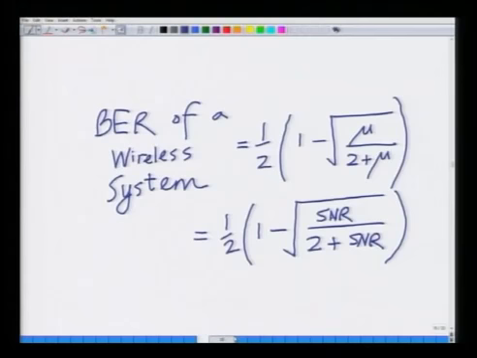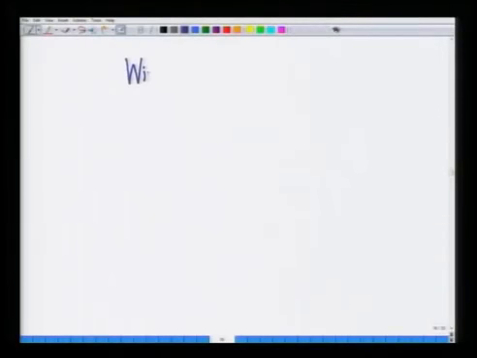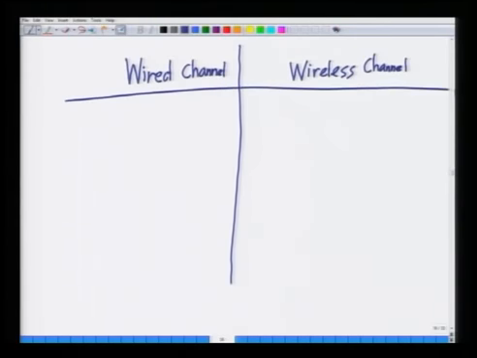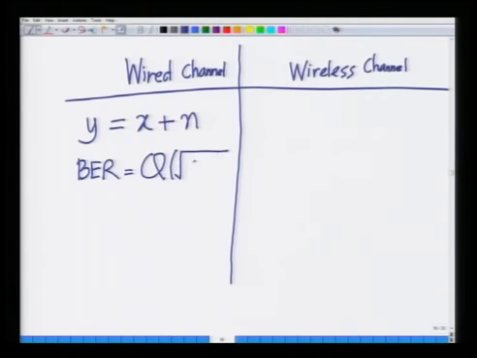Let me write the performance expressions of a wired and a wireless system now for comparison. Wired channel, wireless channel. The wired channel is y equals x plus n, and the bit error rate is Q times the square root of SNR.